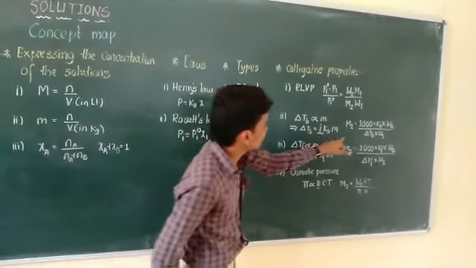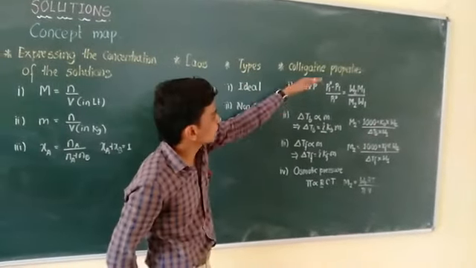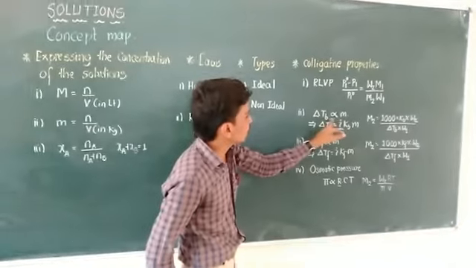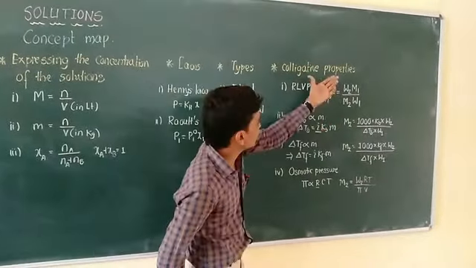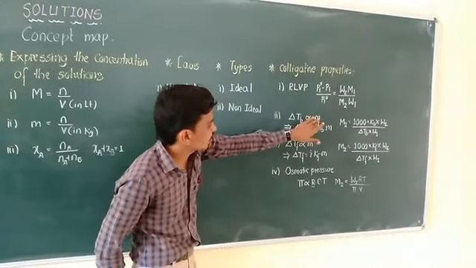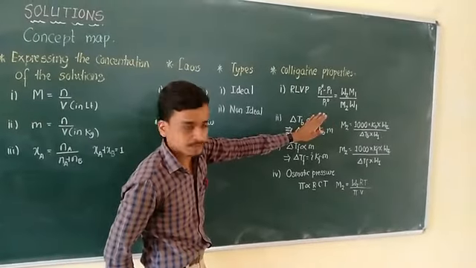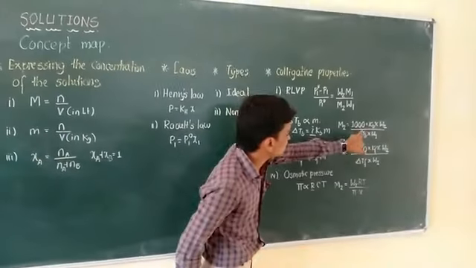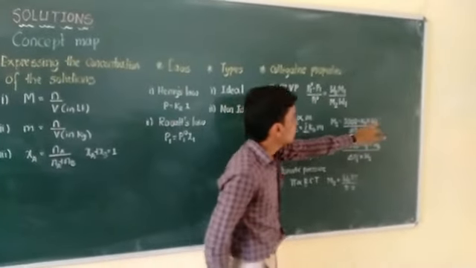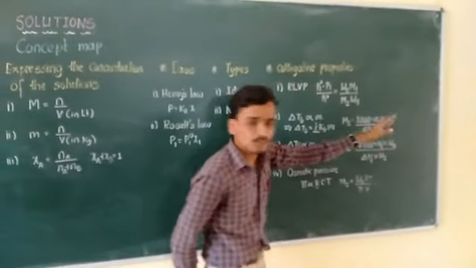Elevation in the boiling point is also based on colligative properties, therefore delta Tb is directly proportional to the molality. This molality depends on the number of grams of the solute irrespective of their nature, and its formula representation you can see here: M2 is equal to 1000 Kb W2 divided by delta Tb into W1.